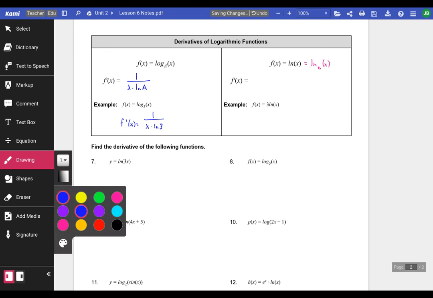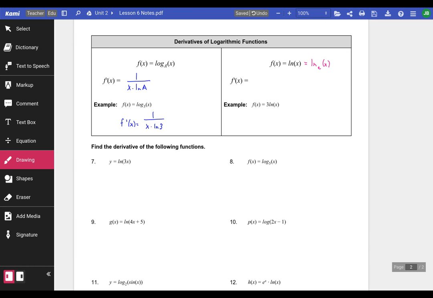If we use our first rule, we would take 1 over x times the natural log of our base. Well, our base here was just e. And if you remember from the previous page, natural log of e is just equal to 1. So our derivative simplifies to 1 over x. So the derivative of the natural log of x is just 1 over x.